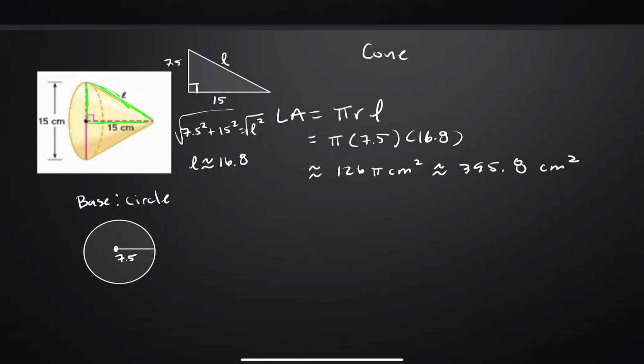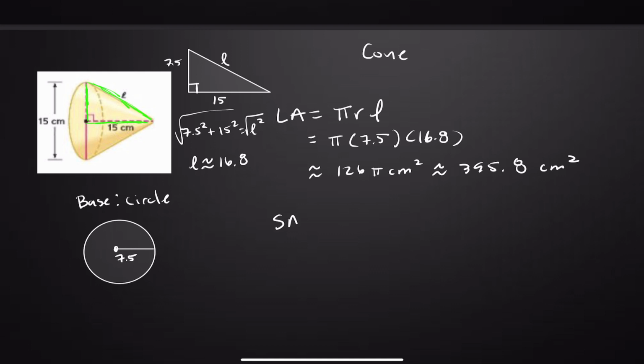But, you know, just thinking about this right now, most likely when you're dealing with a base that's a circle, you're going to be leaving your answer in terms of pi, okay? Most likely. But it's just safe that you know how to do both: leaving your answer in terms of pi and giving the rounded answer.